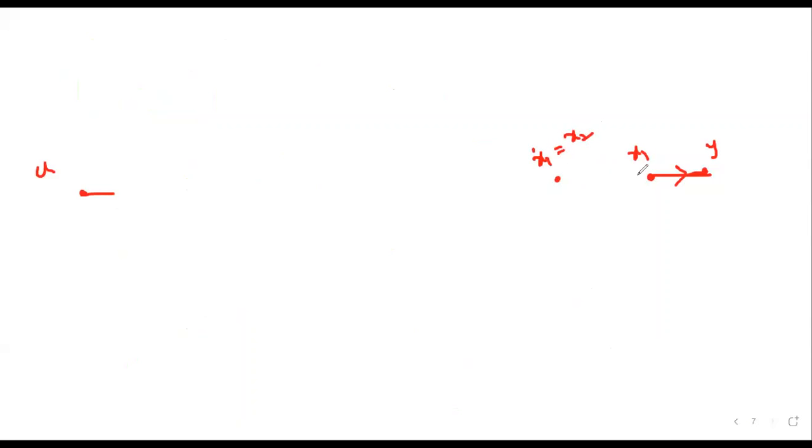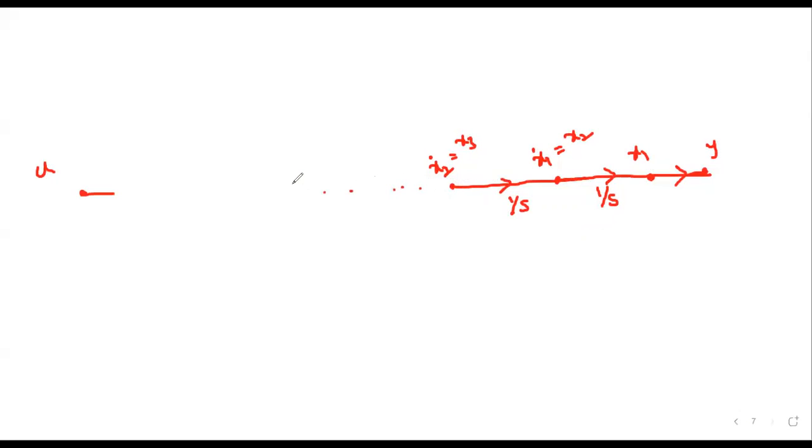So how can you get x1 dot? If you take the integral of this, the integral is nothing but 1 by s. If you integrate this x1 dot, you will get x1. Similarly, how to get x2 from x2 dot? So x2 dot is equal to x3. By integrating x2 dot, we get x2, and so on.